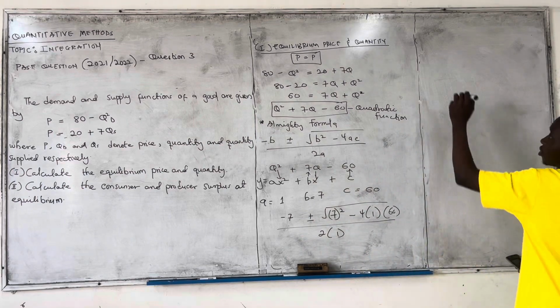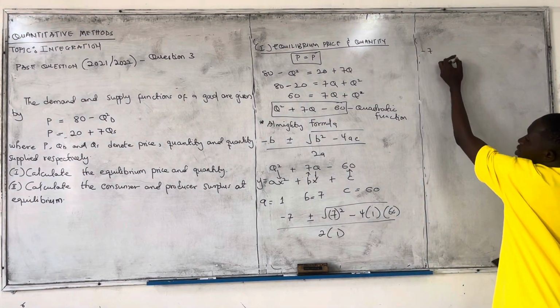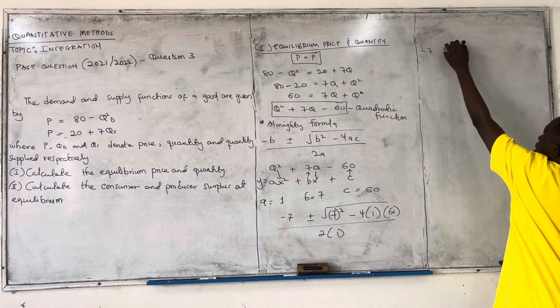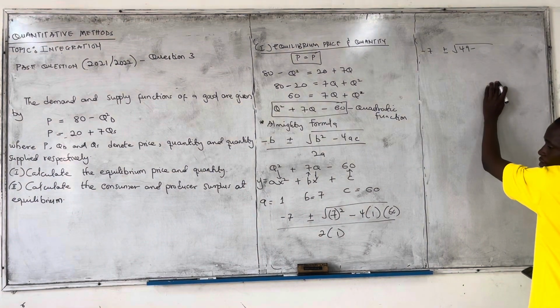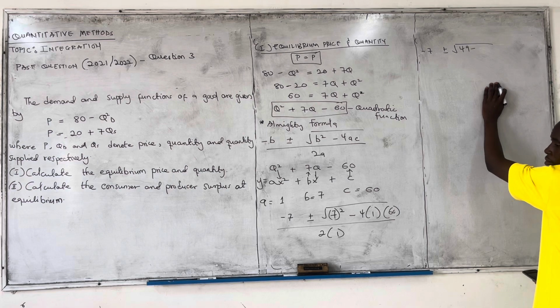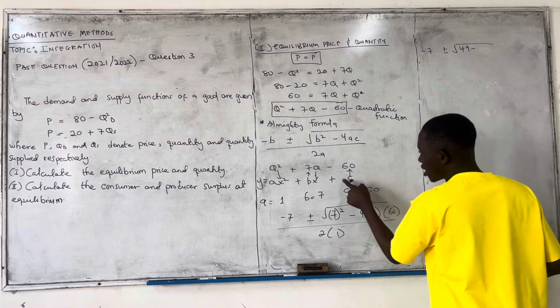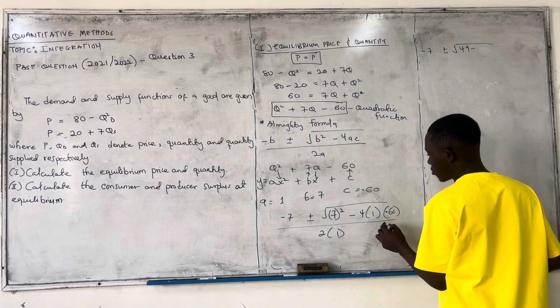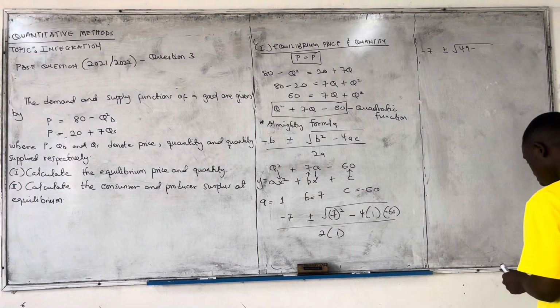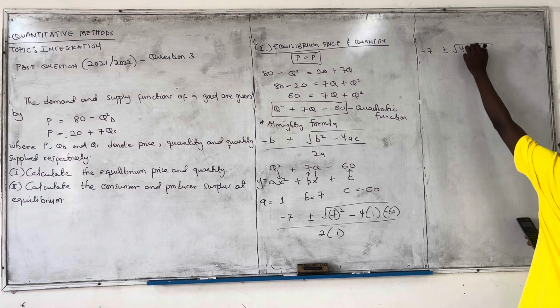So I'm having minus 7 plus or minus, this will give me 49. Take note, it's negative 60.